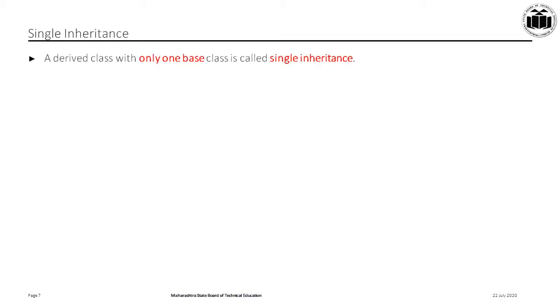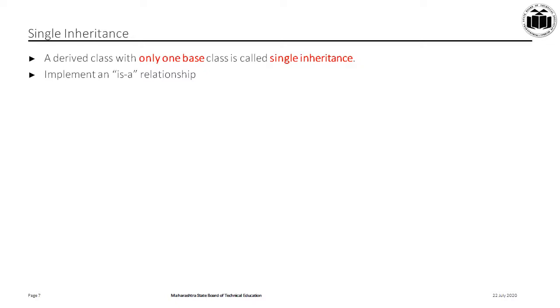What is single inheritance? A derived class with only one base class is called single inheritance. It implements an is-a relationship. In single inheritance, there is only one base class and one derived class.